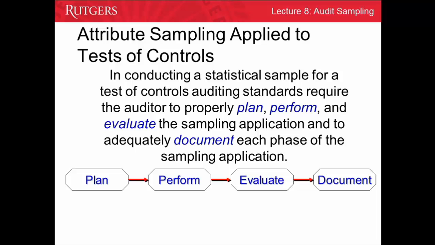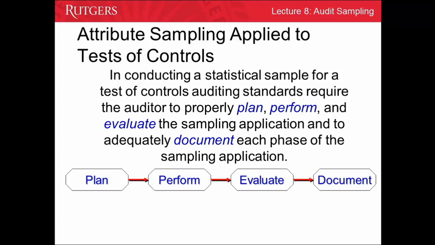Attribute sampling is a statistical sampling method used to estimate the proportion of characteristics in the population. In conducting a statistical sample for a test of controls, auditing standards require the auditor to properly plan, perform, and evaluate the sampling application and adequately document each phase of the sampling application in the work papers.